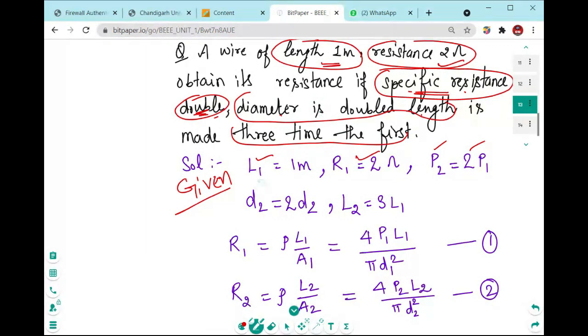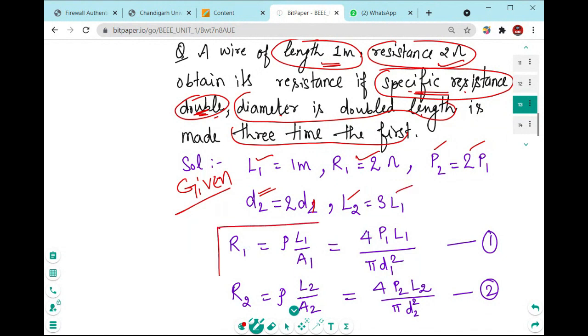The diameter is also double, so D2 is double D1. And L2, the length of the second wire, is 3 times the first.